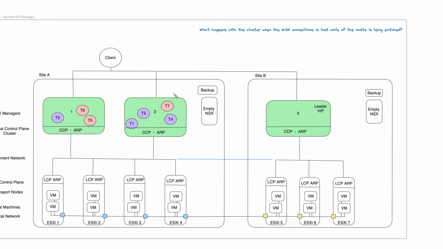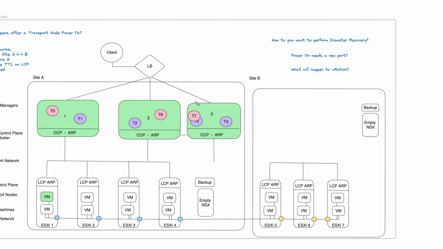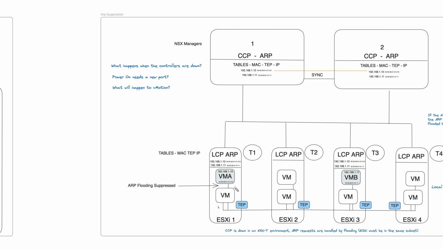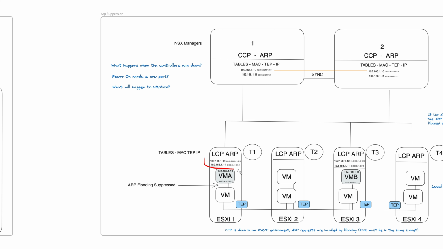And I'm very interested in your opinion, especially because this whole local cache thing is not documented very well. You have to search very hard to find anything about this local cache on the control plane.